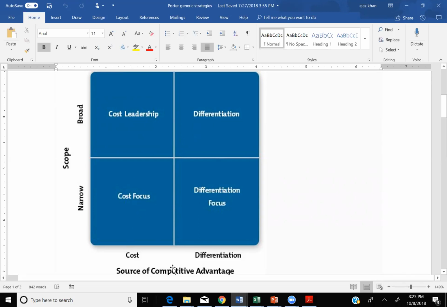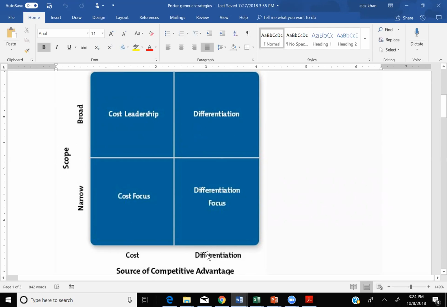On the other side, if it wants to compete in the market by offering a product or products with unique features that no other competitor is offering, it may have either a differentiation focus strategy or a differentiation strategy depending upon its scope.